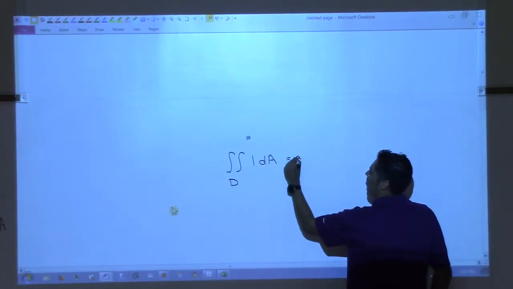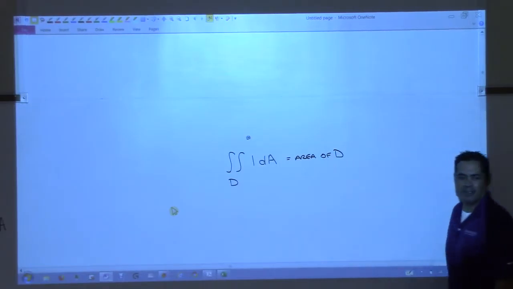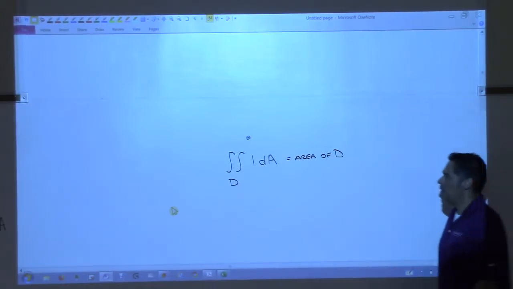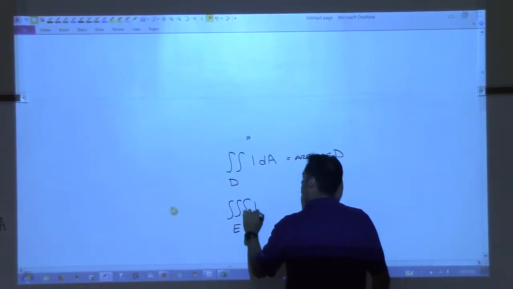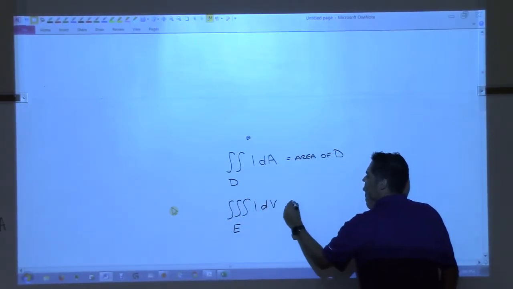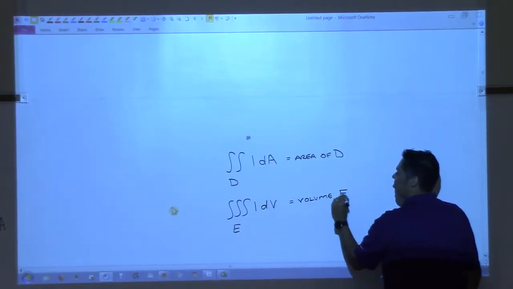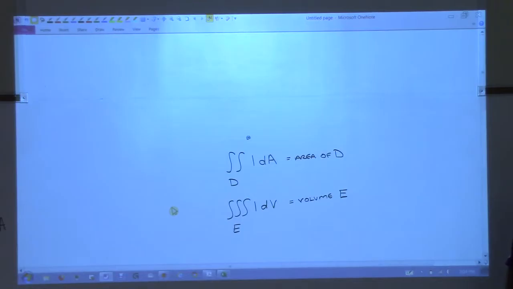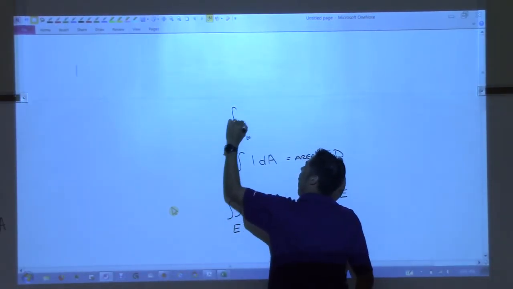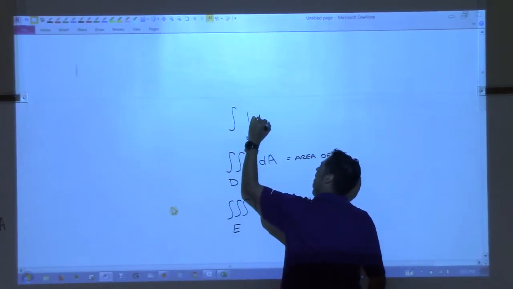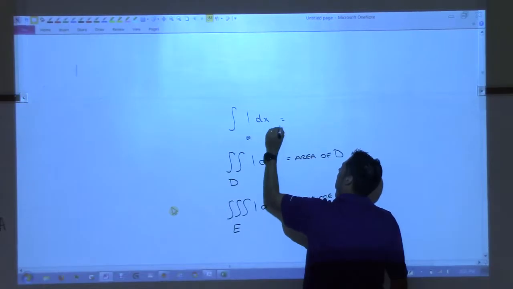This is the area, right, of D. That's the area of D. What does the triple integral over E of 1 dV give you? Volume. That's the volume of E, right? Then what does the single integral of 1 dx give you?